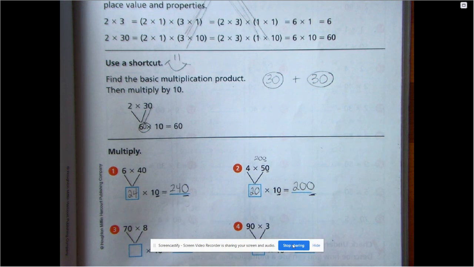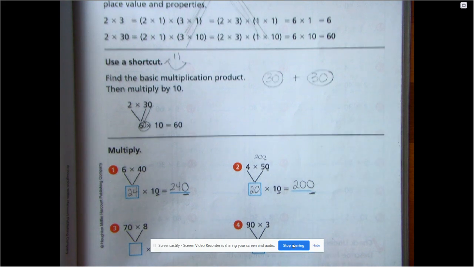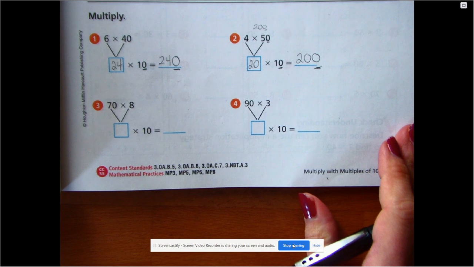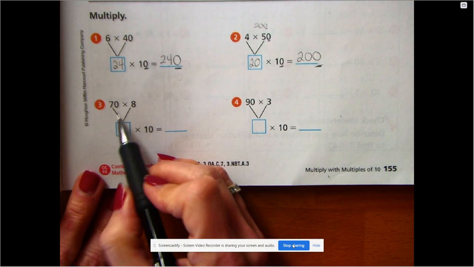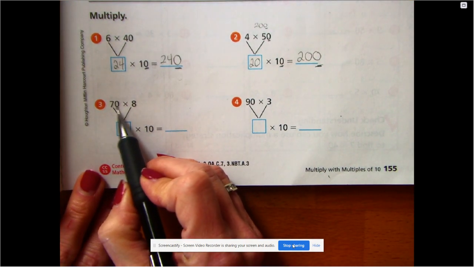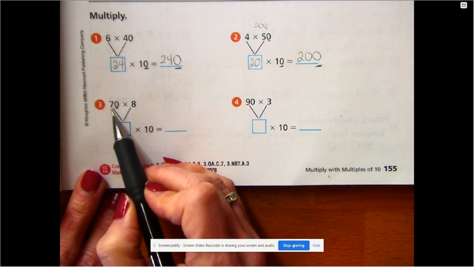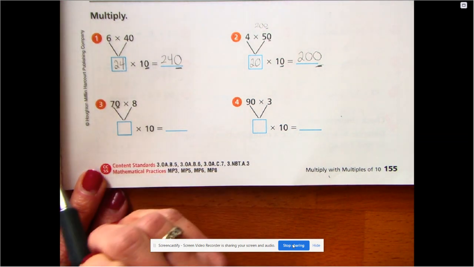Okay, we're going to finish these and then we're going to flip it over and do a few on the back to explain a little bit more. You're going to be able to see a little bit better on the back. Ooh, here's that 0, right? So I'm going to end up tacking that on to the end. So starting out, 7 times 8.